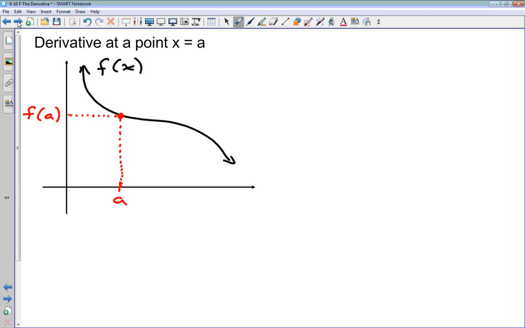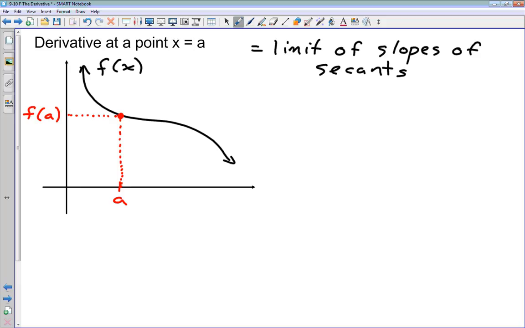Now we said before that if we wanted to find the slope of the tangent, what we were going to do was take the limit of the slopes of our secant lines as, well, as we did what? Well, to make our secant line, we picked another point somewhere over here.